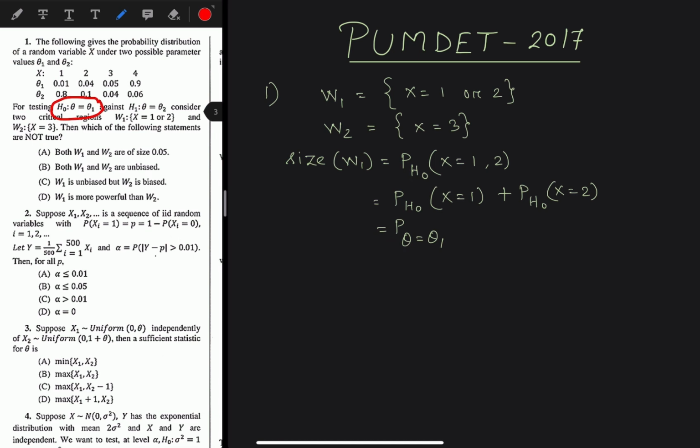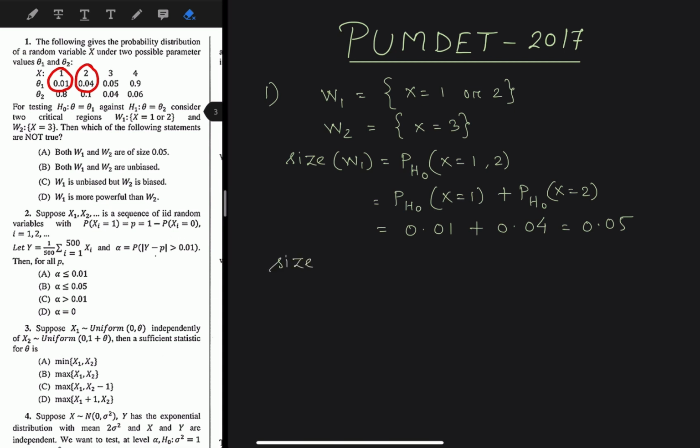If theta equal to theta 1, then under H0 x equal to 1 takes the value 0.01, and x equal to 2 takes the value 0.04. So 0.01 plus 0.04, which is equal to 0.05. So this is the size of W1. Now the size of W2 will be the probability under H0, x equal to 3.